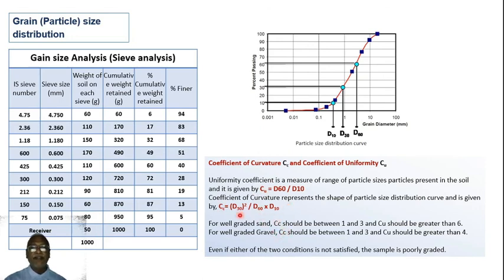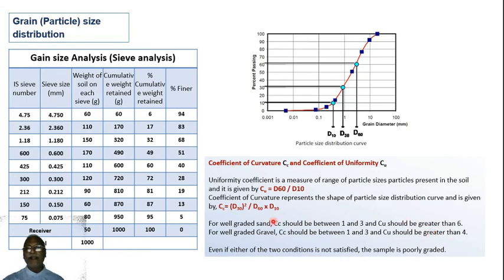But if it is predefined that it is a sand, and if they say Cc is so much and Cu is so much, then you can comment on gradation, whether it is well graded or poorly graded. Right? If it is not predefined, then you cannot comment. Make a note of this and take care.